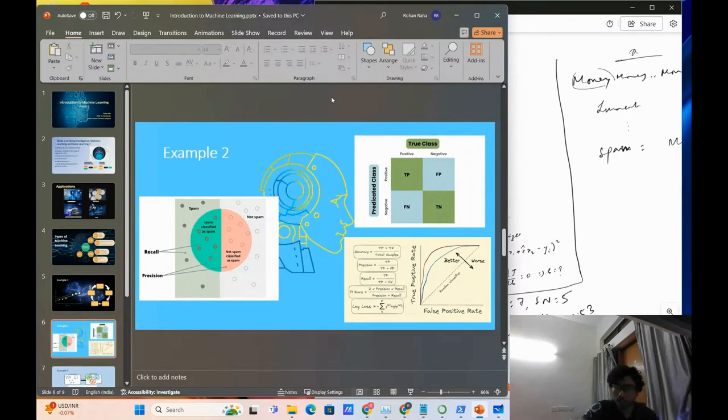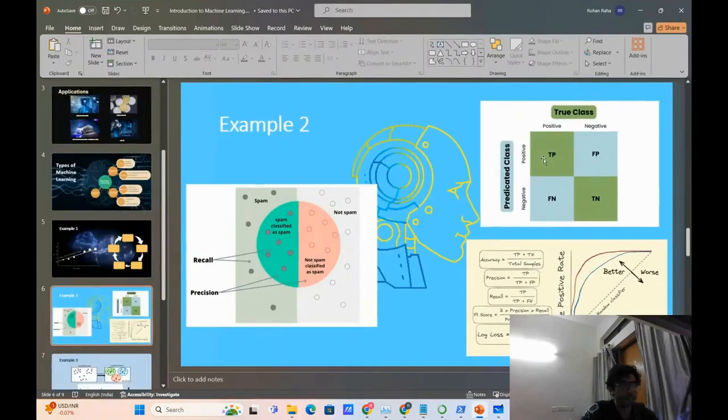We don't have much time, so I'll quickly go into precision and recall. Someone has asked what precision and recall are. Precision is true positive divided by true positive plus false positives. So this is the true positives divided by the total predicted positives.